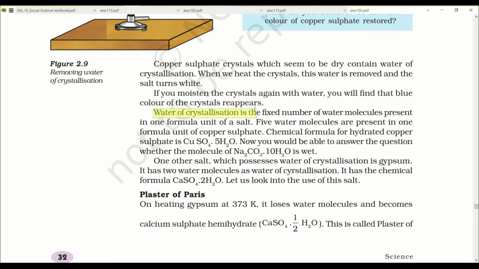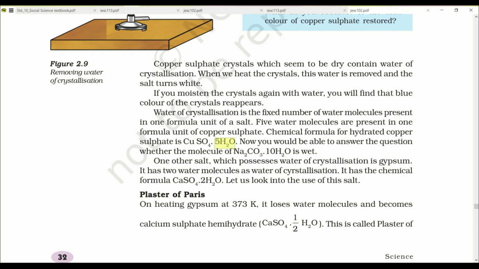Water of crystallization is the fixed number of water molecules present in one formula unit of the salt. 5 water molecules are present in one formula unit of copper sulfate. The chemical formula for hydrated copper sulfate is CuSO4.5H2O. So whenever you see any amount like this, H2O with some number before it, it shows the crystals of water.